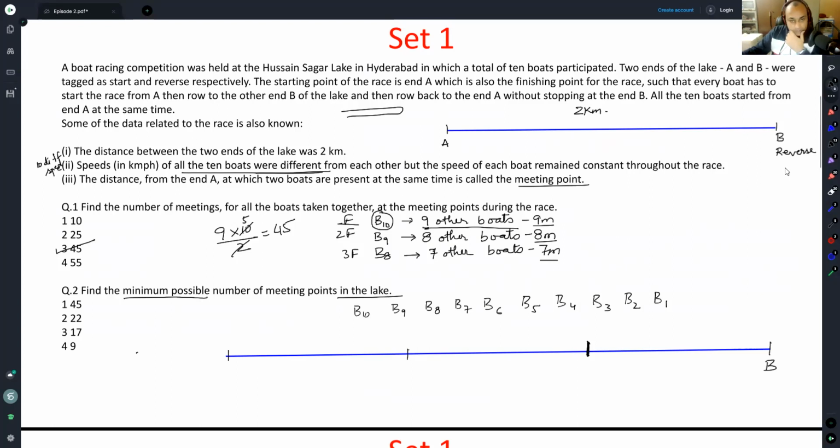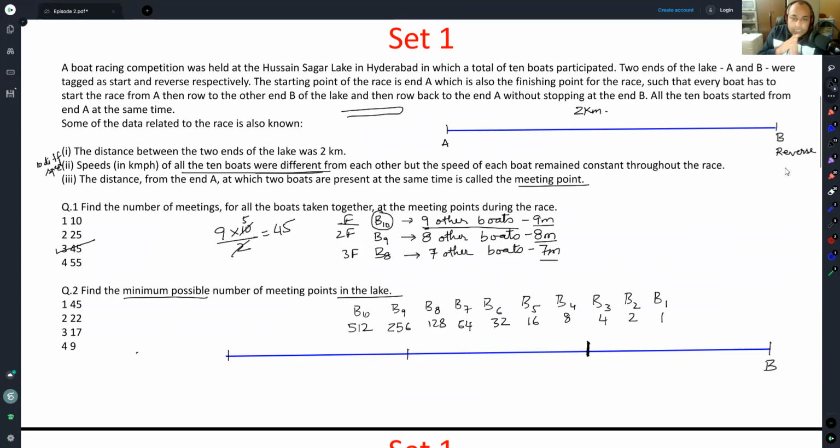So if this is one, I'm putting the speed of boat 10 as 512. You'll see why I've gone with 512. Boat 9 is 256. Boat 8 is 128. Then 64, 32, 16, 8, 4, 2, and 1.